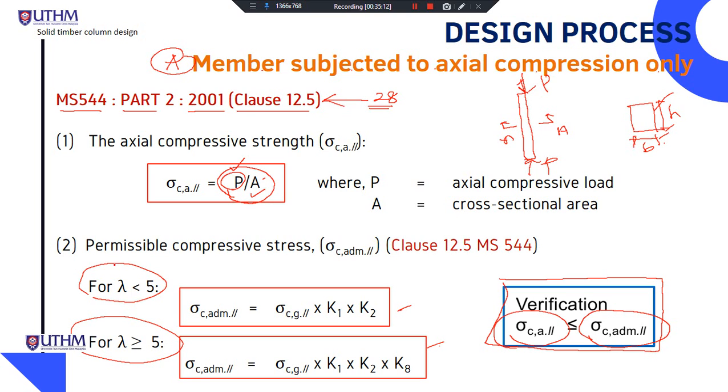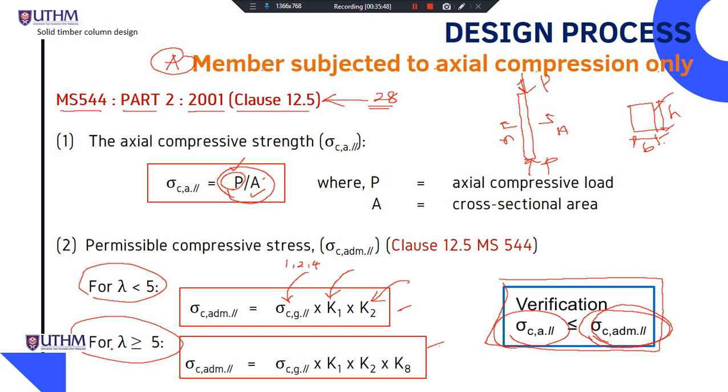For the first condition, where the slenderness ratio is less than 5, we use this equation to determine the permissible compressive stress, where the compression parallel to grain is determined from table 1, 2, or 4. Then here is K1, the duration of loading, and here is K2, the load sharing system.